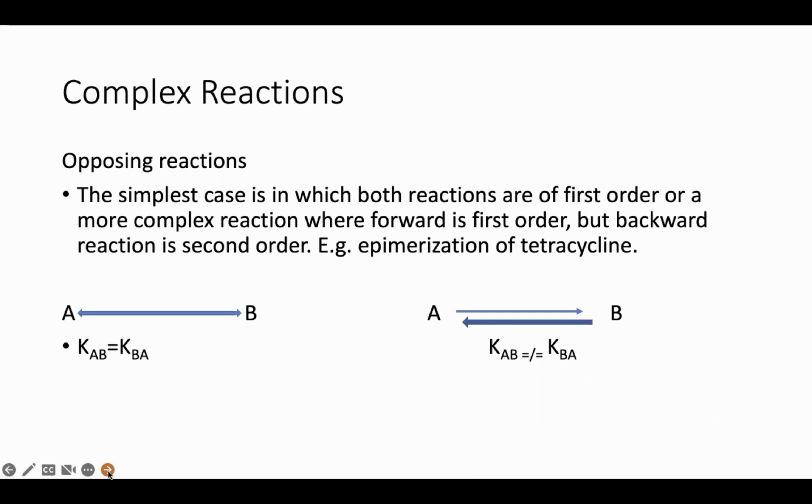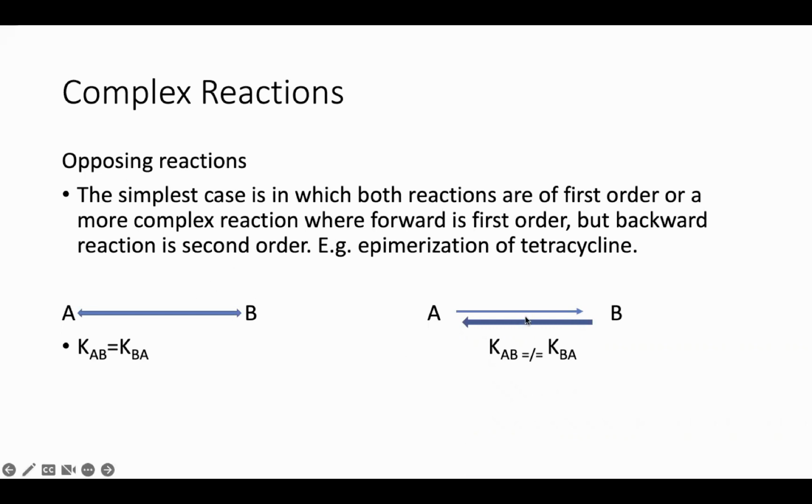And the simplest case is one in which, for example, this example that I cited here, drug A is changing into B, but notice that some of the B is also changing back into drug A, right? In this case, the rate at which A is changing to B is similar to the rate at which B is changing to A. Both of them could be zero order or first order or second order, right? But then they are similar.